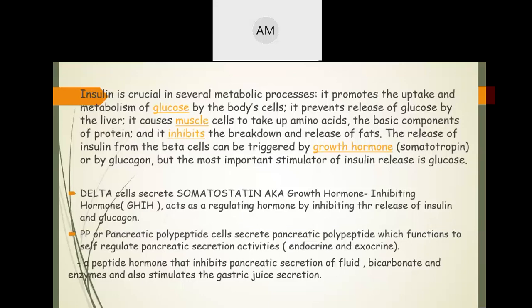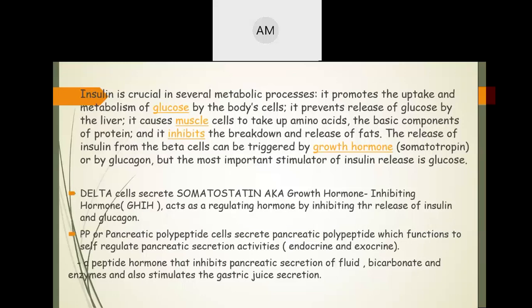If the pancreas continues producing insulin, the blood glucose levels will drop very low and the person can go into hypoglycemia. And the other hormone, glucagon: if the person's body is having very little glucose, the liver starts releasing glucose by glycogenolysis, by breakdown of glycogen.